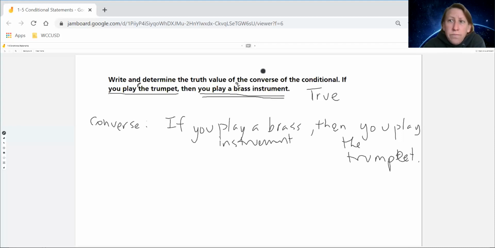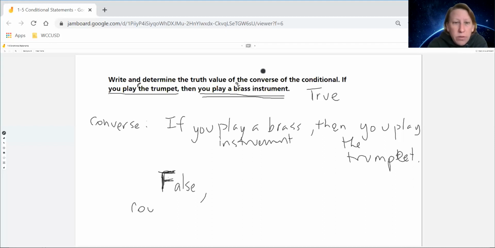Okay, is that true? No, you could play the French horn, you could play the sousaphone, okay? You could play the trombone, okay? And I could just give one counterexample which would show that this is false. So it's false.